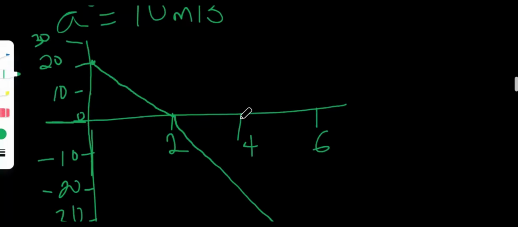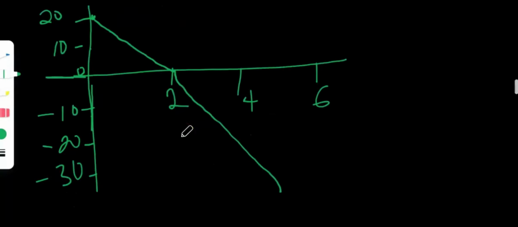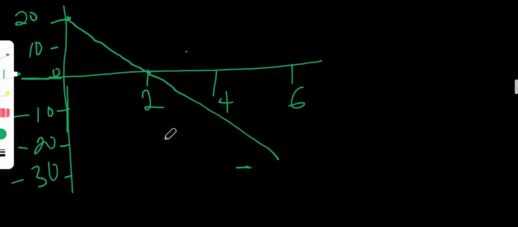So after a total of 5 seconds, the vertical velocity of the projectile is -30. This is 5 seconds here, and it becomes -30 here.